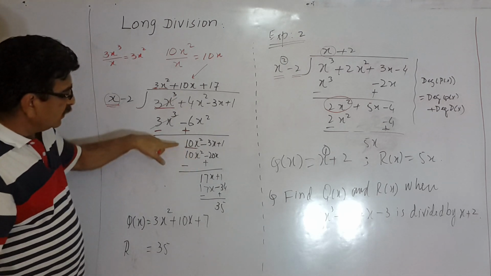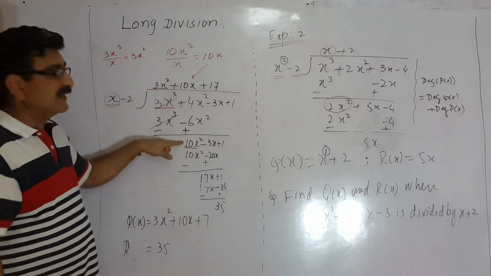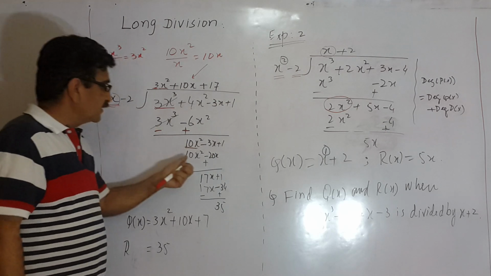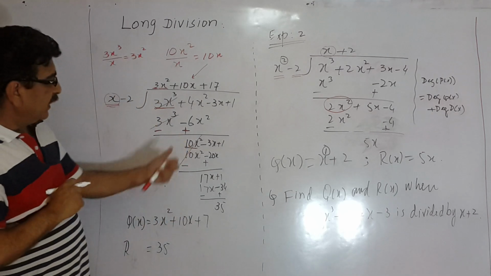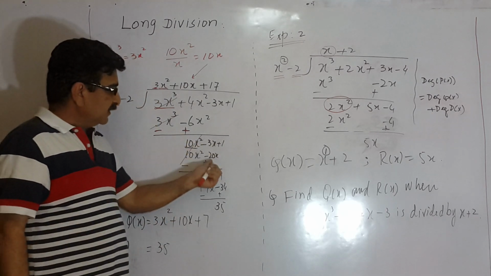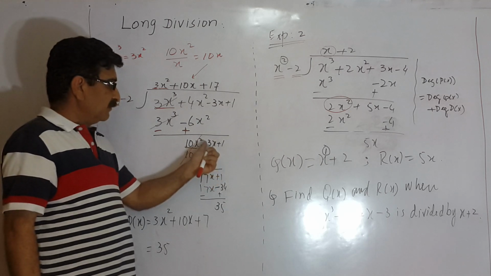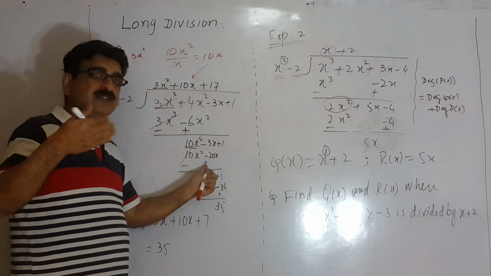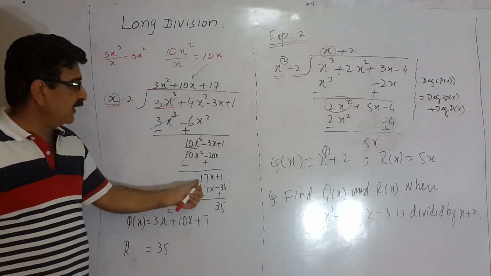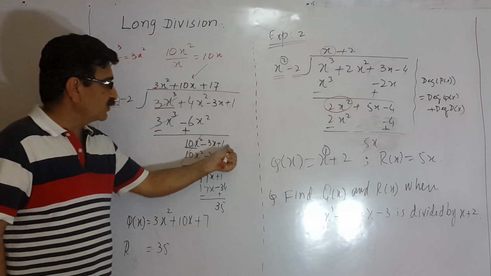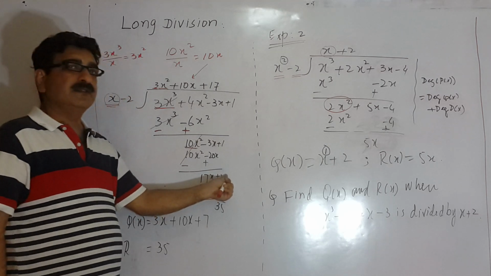After changing the sign, you can look here, this is 10x square, this is minus 10x square, once again cancelled, and then you sum these two terms, we get minus 3 plus 20 is 17. And this becomes 17x. And this one comes over here.